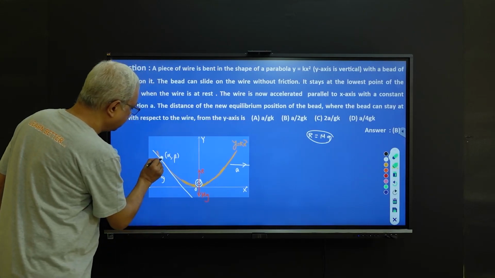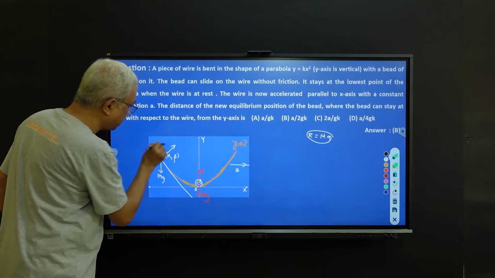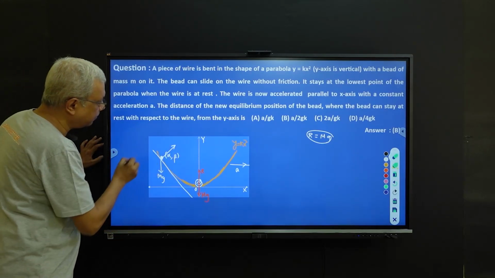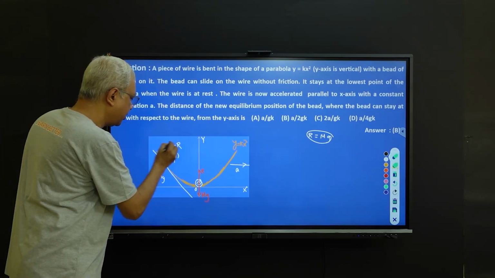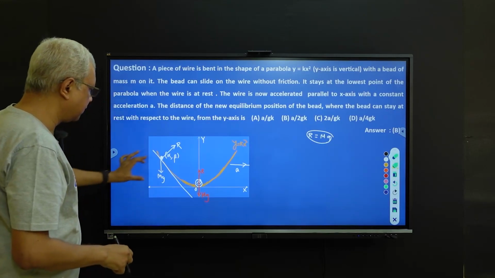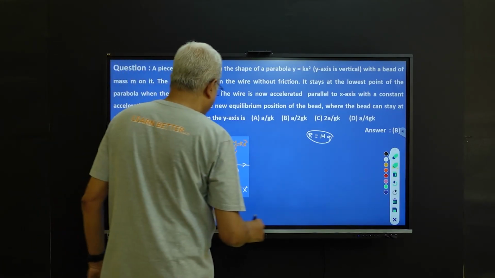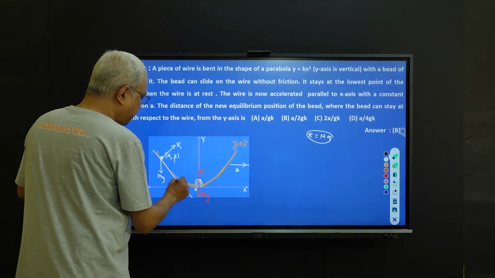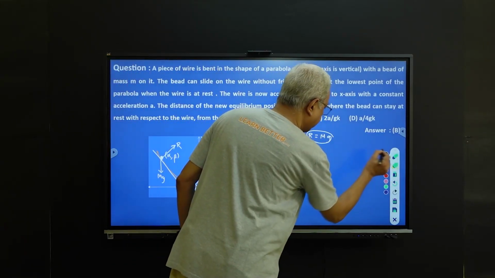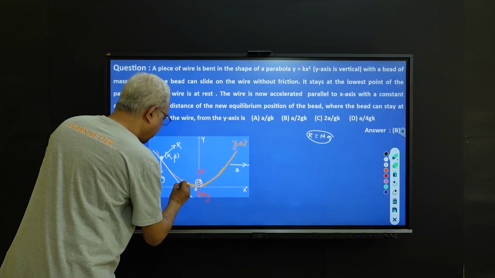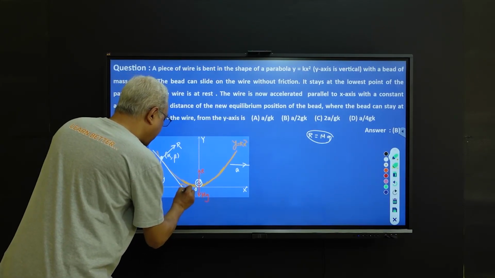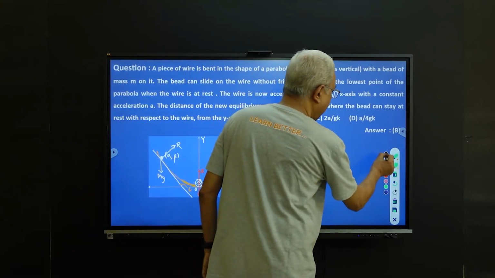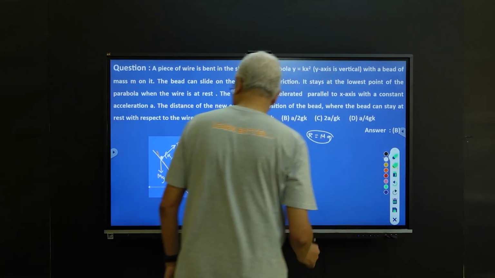The reaction force offered by the parabolic wire on the bead will be along the normal at this point. Now this particular angle, if I call it psi, how do I find the value of psi?